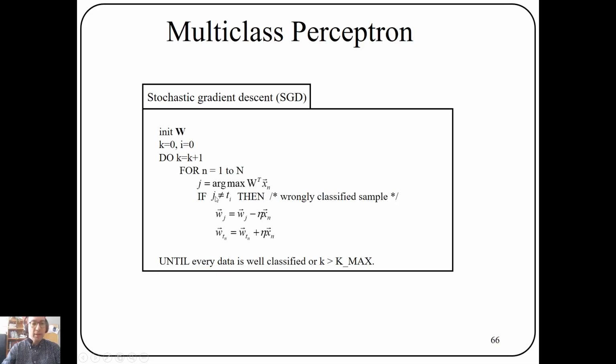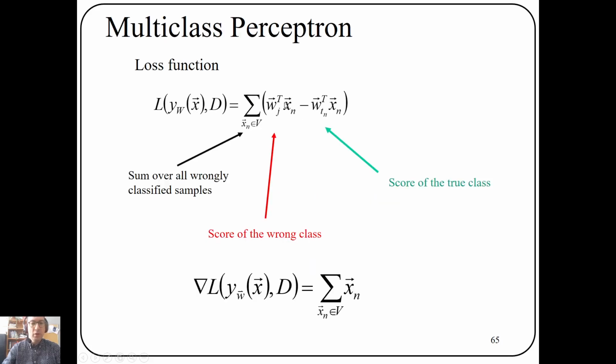If that class is different from the real target, then you may conclude that this is a wrongly classified sample. If this is wrong, then we update the parameters of the wrong class as well as the parameters of the correct class. Why these two? Because this equation here, for that wrongly classified example, only involves the parameters of two classes.